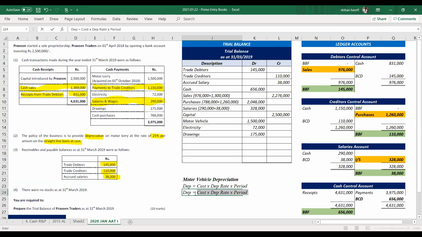So here the cost of the motor vehicle is 1.5 million. Depreciation rate is 25%, multiplied by number of months. The period is starting from 1st of October 2018 to 31st March 2019. October, November, December, January, February, March. Only 6 months. So you have to multiply by 6/12.